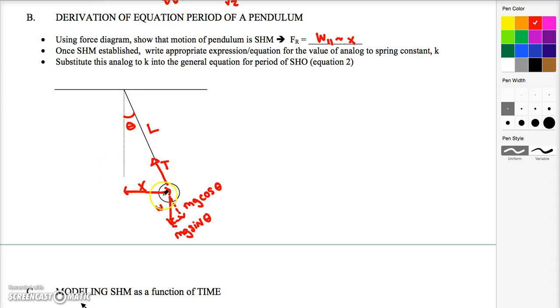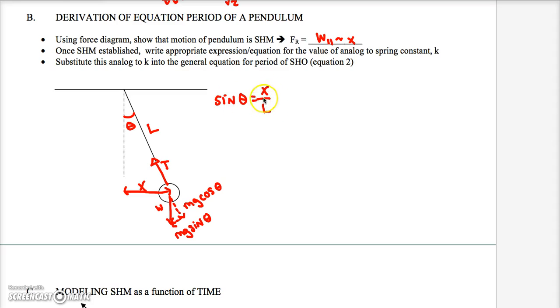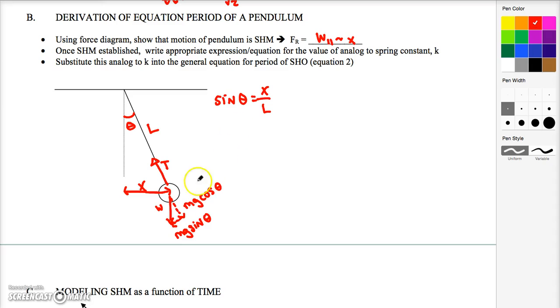So you can see that if we just work with distances, the L's and the x's, sine of theta is equal to x over L. So if we say that the restoring force is mg sine theta, we can substitute for sine theta, really mg x over L, and what we end up seeing is that the restoring force, F sub r, is proportional to x.